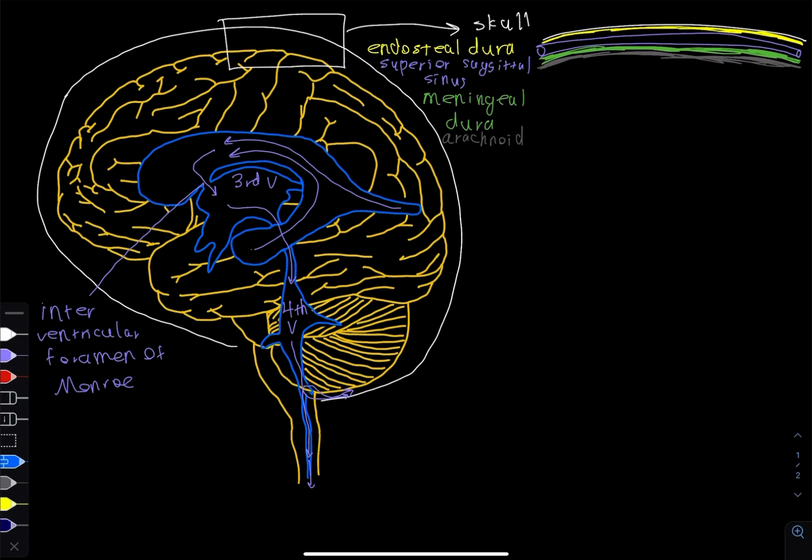And then underneath the arachnoid is the subarachnoid space, which has cerebrospinal fluid flowing through it. So that's where the CSF will go when it exits the apertures. And then we have the pia underneath that. The pia we can see red because it's highly vascularized and it's going to be very closely attached to the entire surface of the cortex.